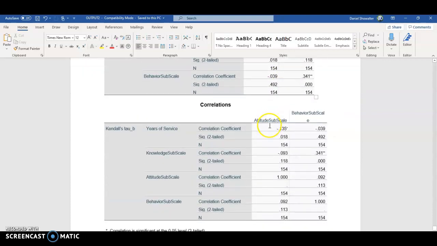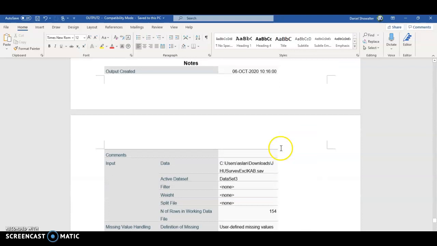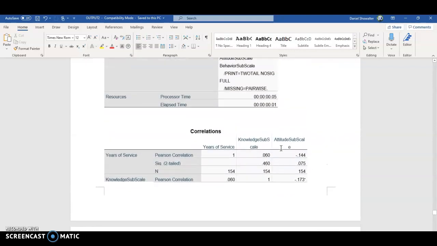So anyway, let's take a peek here at the actual numbers. I'm curious if it surprises you that, especially if we go up here to the Pearson, years of service and knowledge are barely correlated. The more years of service doesn't seem to give much more knowledge, just a slight bit more knowledge about the mobilization factors.